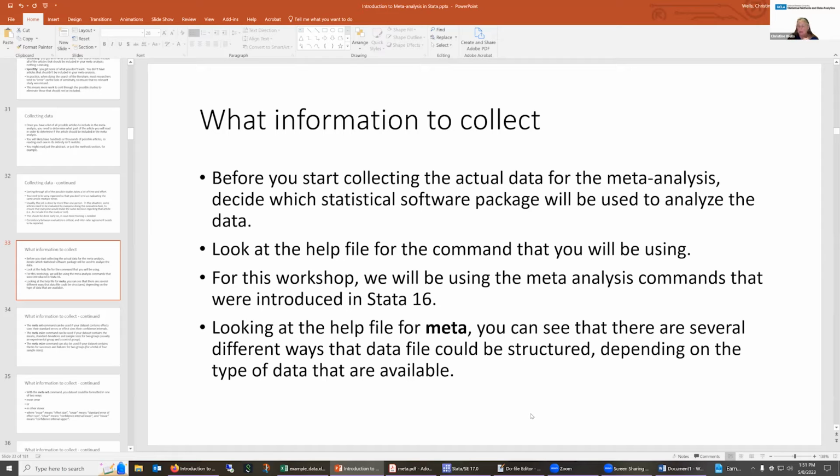The meta-analysis commands were introduced in Stata 16. I'm presenting in Stata 17. As was noted earlier, Stata 18 is now available. If you're using 16, 17, or 18, everything that I am showing in this workshop will work for you. If you have a prior version of Stata, there were community contributed commands, specifically METAN, M-E-T-A-N, that would do meta-analysis for you.